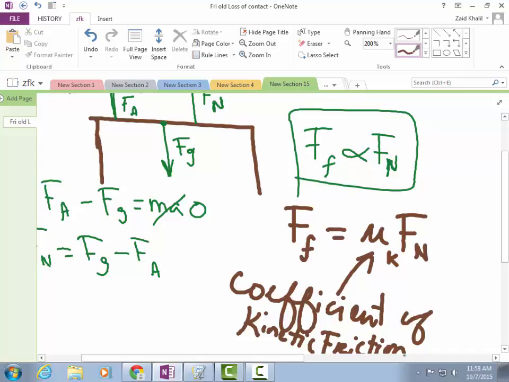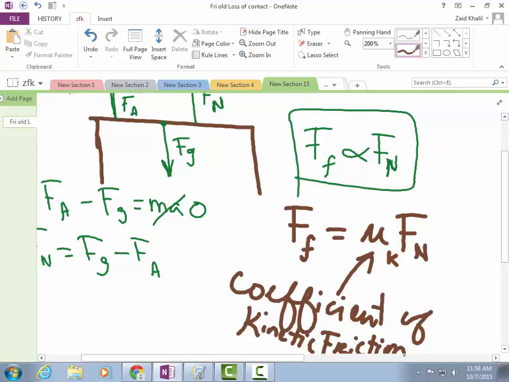Okay? So, I increase the applied force to 10 newtons. What do you notice? Still staying there. That means the force of static friction is 10 newtons. So I increase it to 11 newtons. Still there. I increase it to 14 newtons.